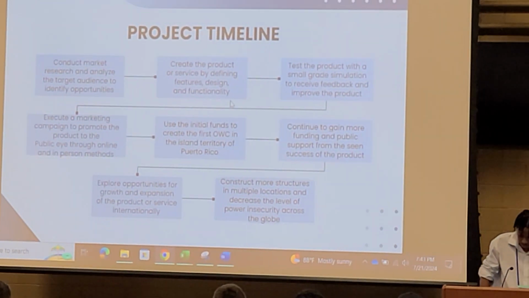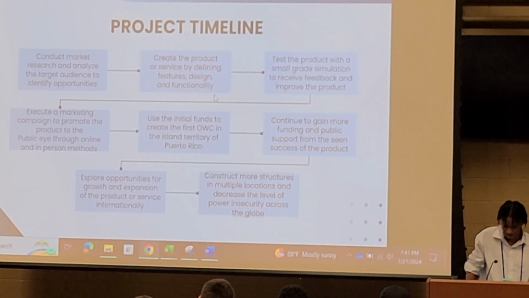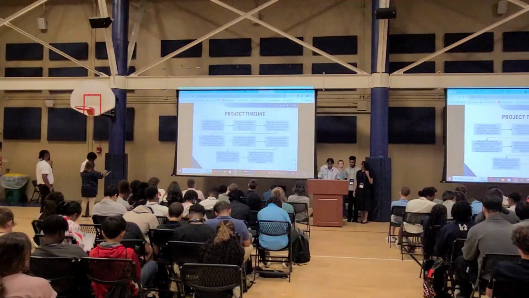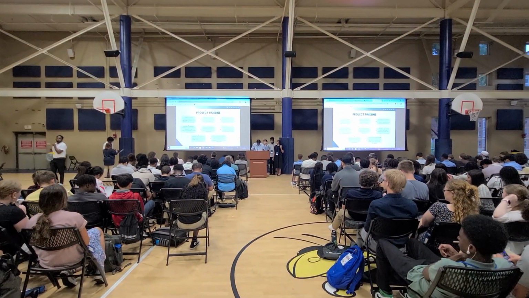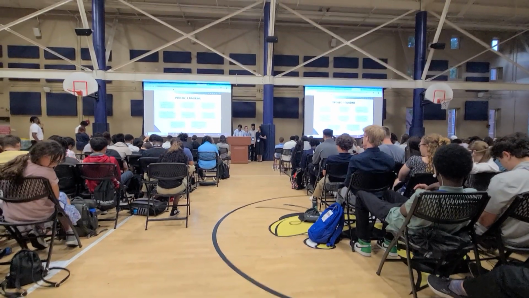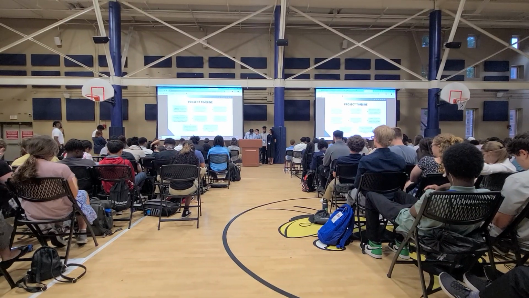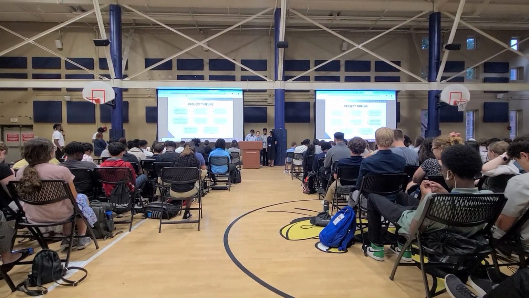Continue to gain more public funding and public support from seeing success, explore opportunities for growth and expansion of the product or service internationally, and construct more structures in multiple locations and increase the level of power and security across the globe.